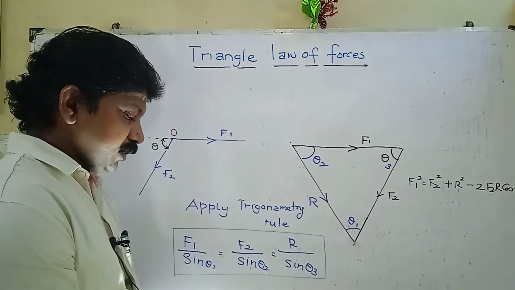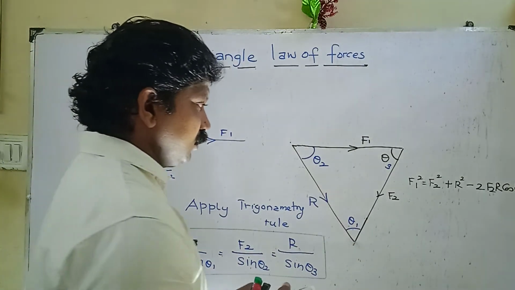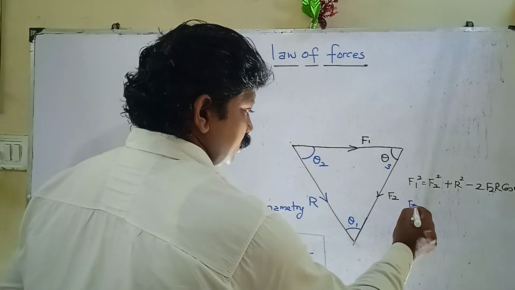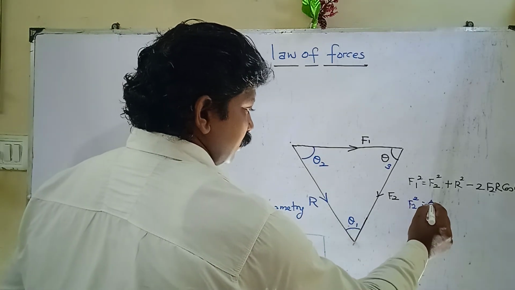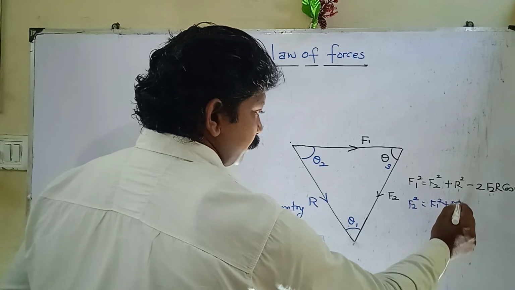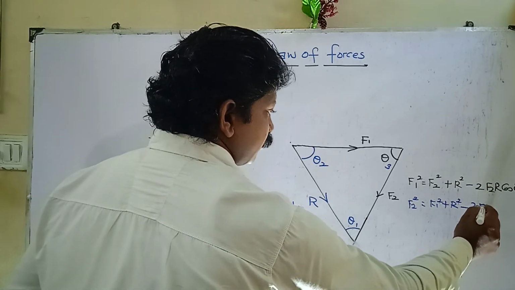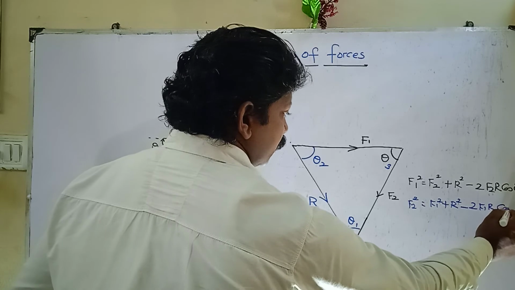Similarly, F2 squared equals F1 squared plus R squared minus 2 F1 R cos theta 2.